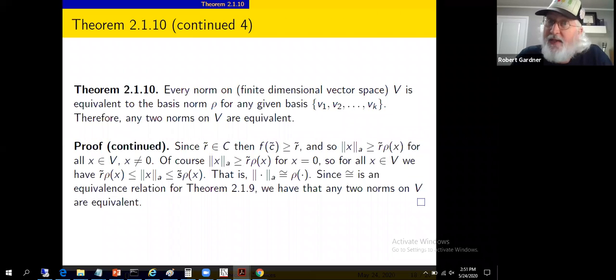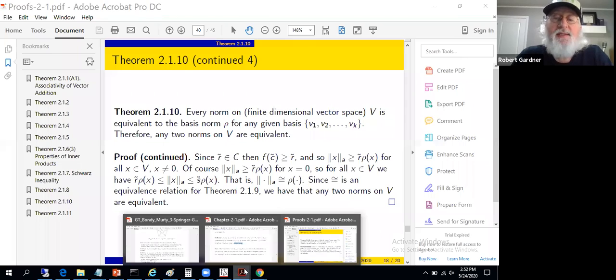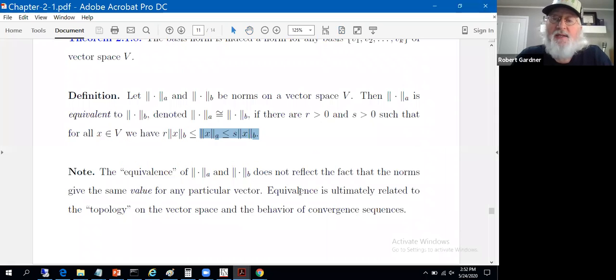But it didn't involve any of the c sub i's. That means the A norm is equivalent to rho. These two norms are equivalent, and as we remarked earlier, that implies in finite dimensions all norms on vector spaces are equivalent. So that was something else, and you see exactly where we use the finite dimensional stuff.